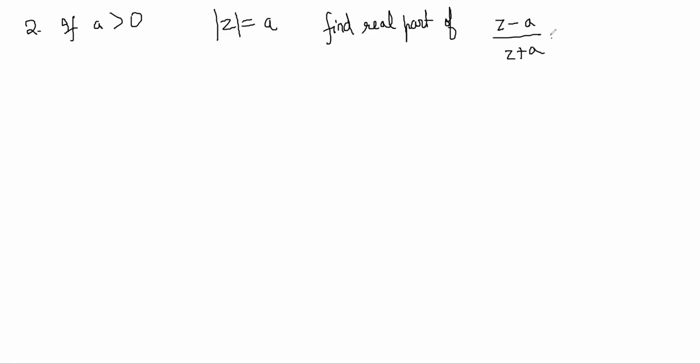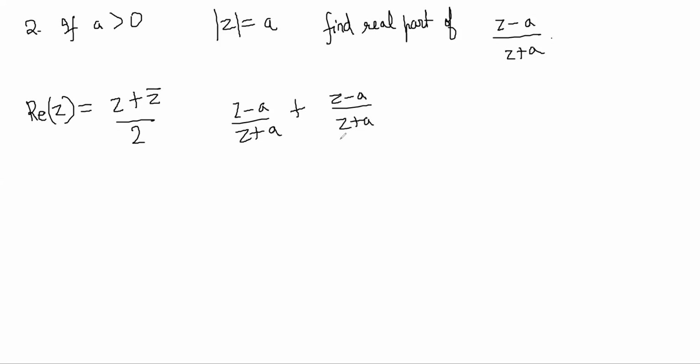You need to know here that the real part of any complex number is (z + z̄)/2, because the imaginary parts will cancel out. So we just have to do (z − a)/(z + a) plus the conjugate of (z − a)/(z + a), and half of that.